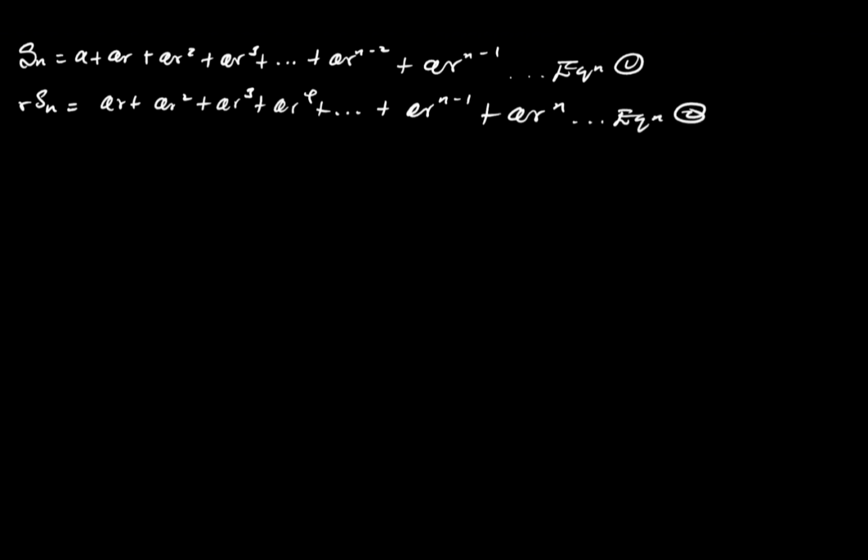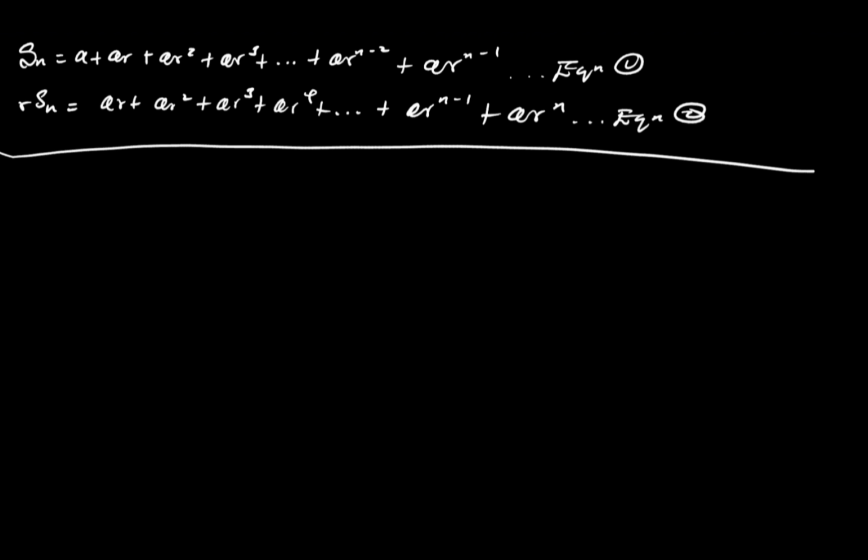So now, when we subtract this, we end up having S sub n minus r S sub n being equal to, now as we are subtracting, we end up having this format. So we have the following. We have a plus ar squared plus ar to the power 3 plus dot dot dot.